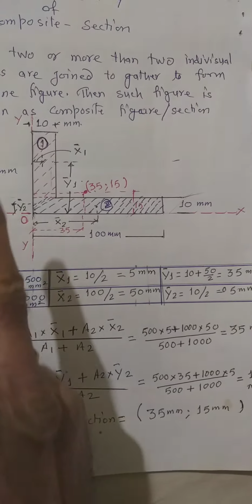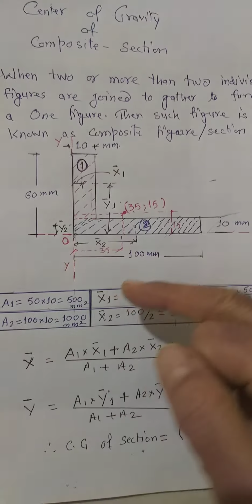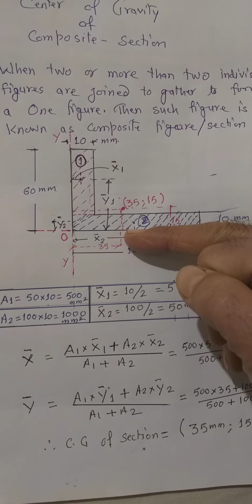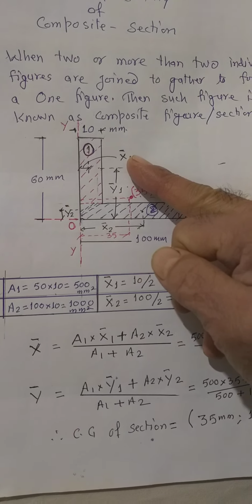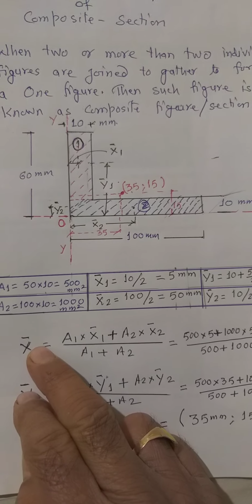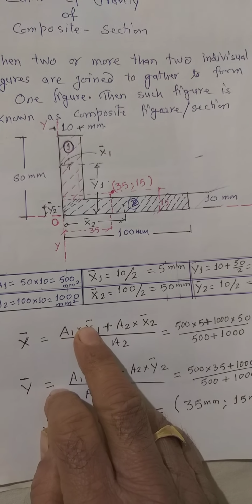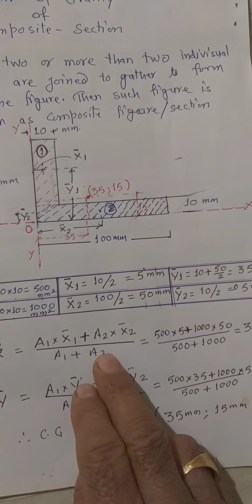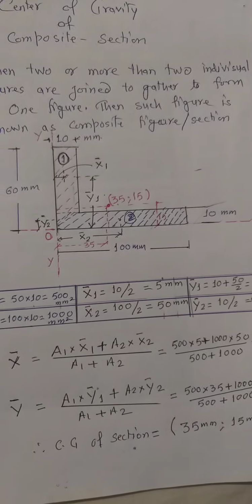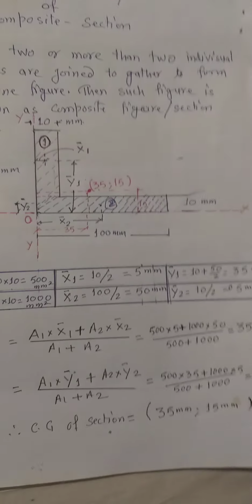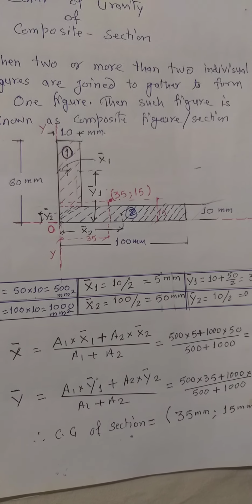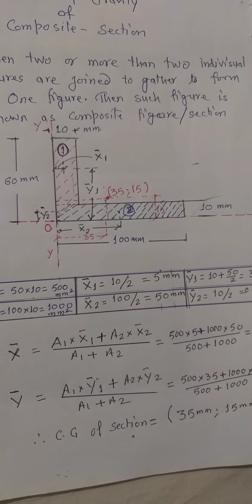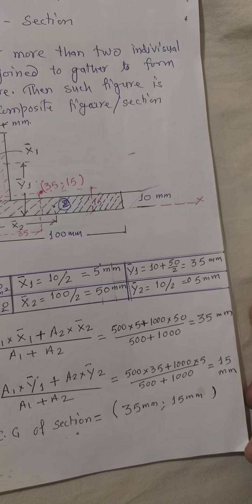X bar is taken always from the y axis and y bar is always taken from the x axis. Now, x bar is equal to A1 x bar 1 plus A2 x bar 2 upon A1 plus A2. Instead of P1, P2, P3, here I am taking the area as A1 x bar 1 plus A2 x bar 2 upon A1 plus A2.